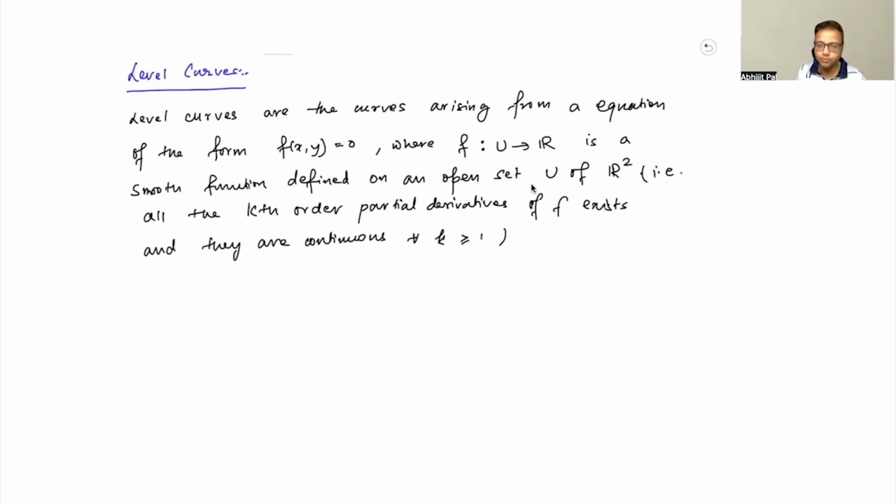So this is the meaning of smooth function. Suppose we have a curve arising from this type of functional equation. We call that a level curve.